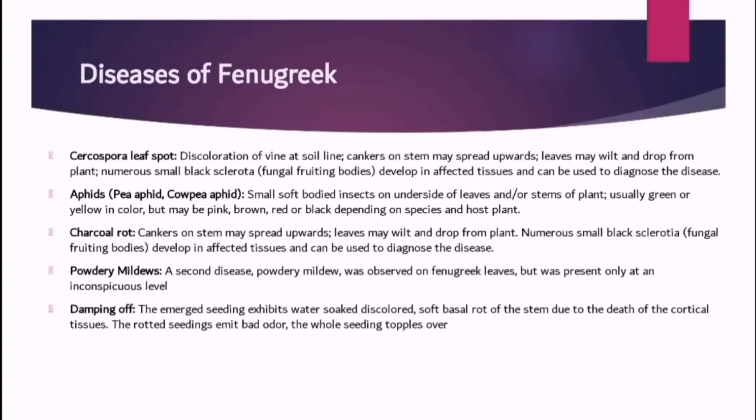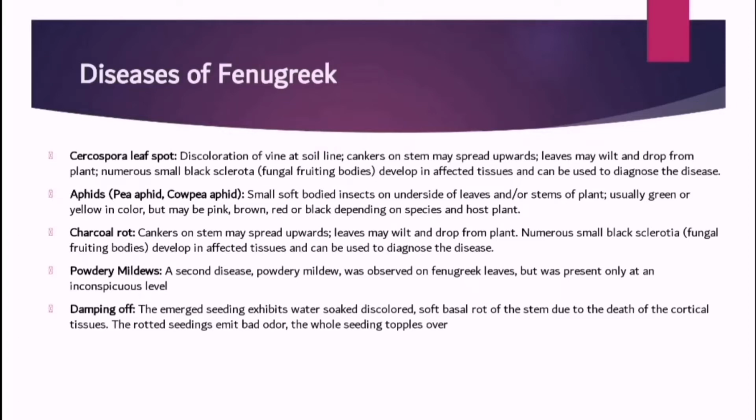Numerous small black fruiting bodies develop in affected tissues and can be used to diagnose the disease. Aphids are small soft-bodied insects on the underside of leaves and stems of the plant, usually green or yellow in color, but may be pink, brown, red, or black depending on species and host plant. A stem rot can run on the stem and may spread upwards, and leaves may wilt and drop from the plant. Numerous small black fruiting bodies develop in affected tissues and can be used to diagnose the disease.